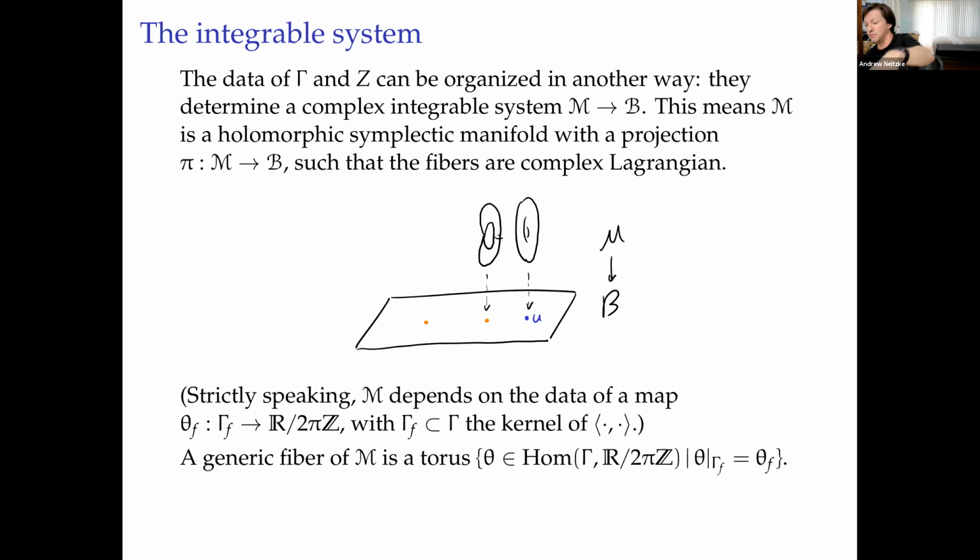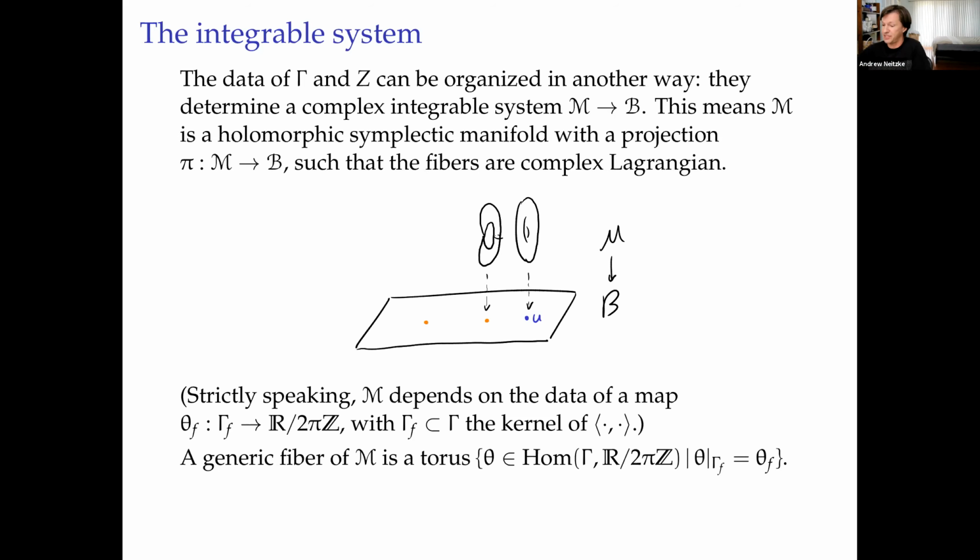The picture that you want to have in mind is that the generic fibers of this complex integrable system are tori, literally a compact torus, which you think of as being like the torus of characters of the lattice gamma, all the maps from gamma into U(1). I'm overlooking some twisting by signs, which is kind of painful, and I'll systematically ignore some signs throughout this whole talk.